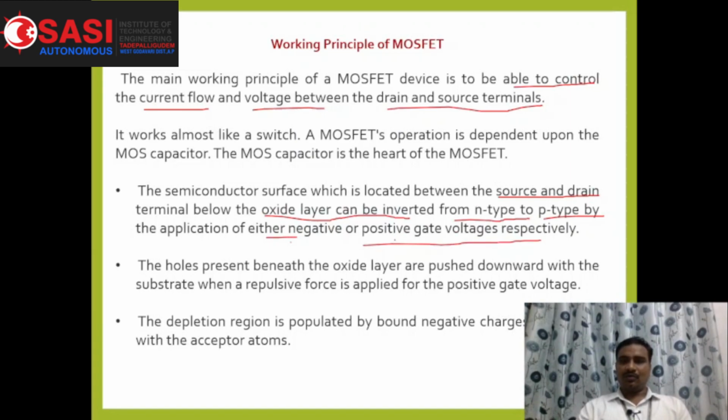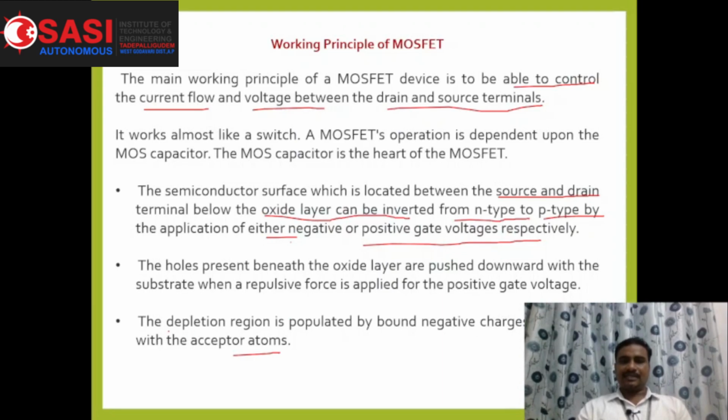That depends on the applied voltage, so the type, N type or P type, can be inverted. Next, the holes present beneath the oxide layer are pushed downwards into the substrate when a repulsive force is applied by a positive gate voltage. This is one more statement from the construction point of view. Next, the depletion region is populated by bound negative charges associated with the acceptor atoms.